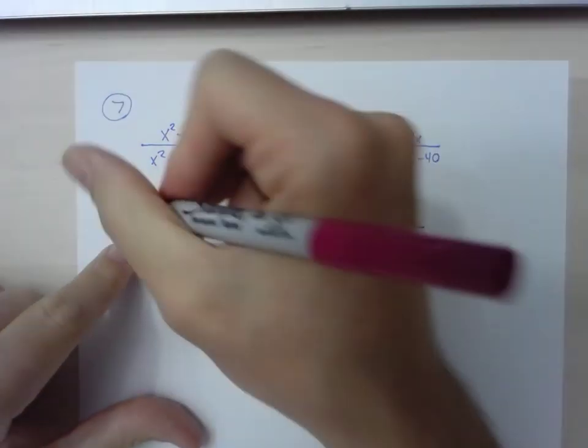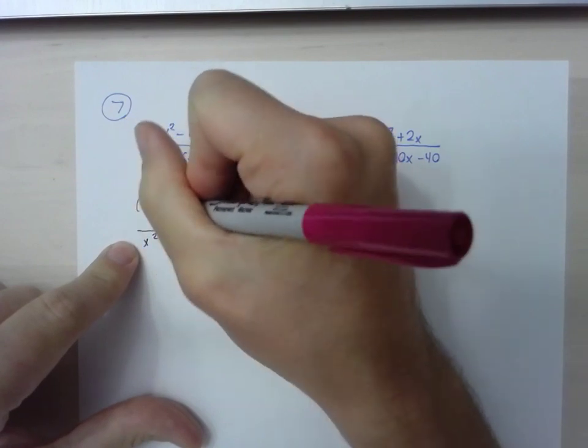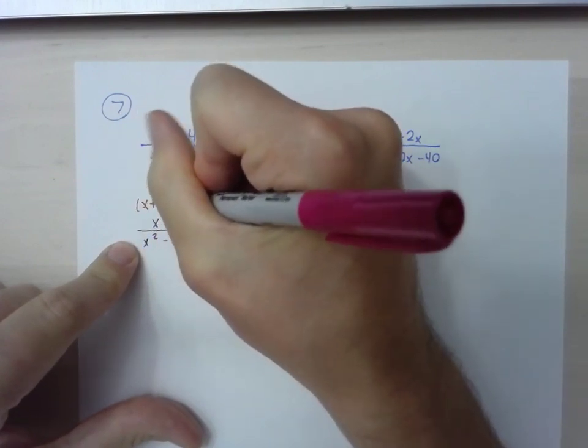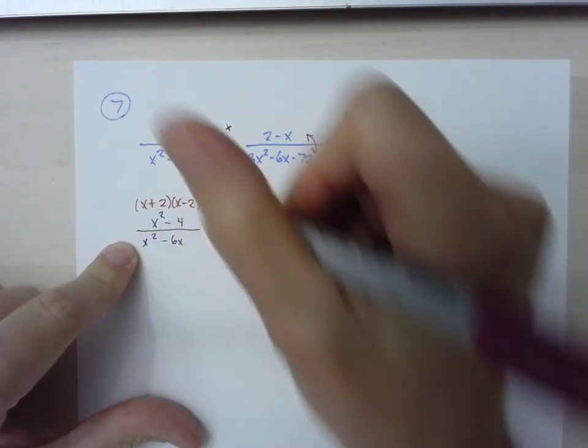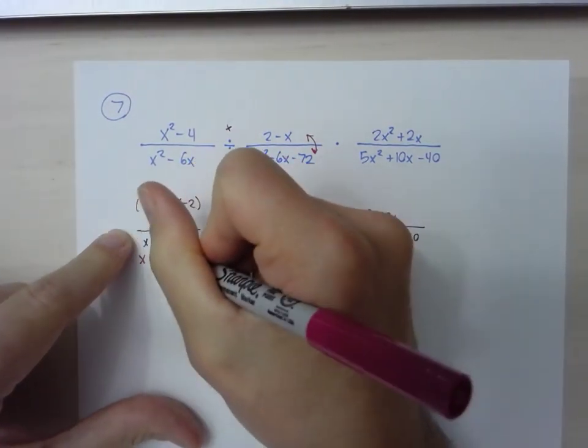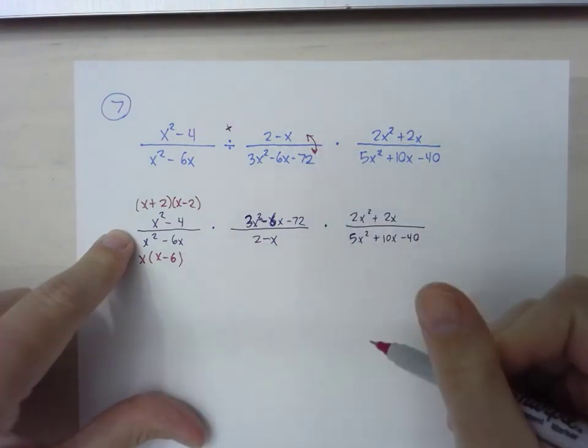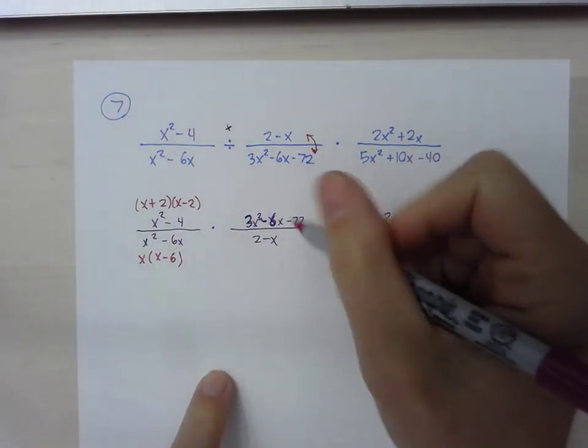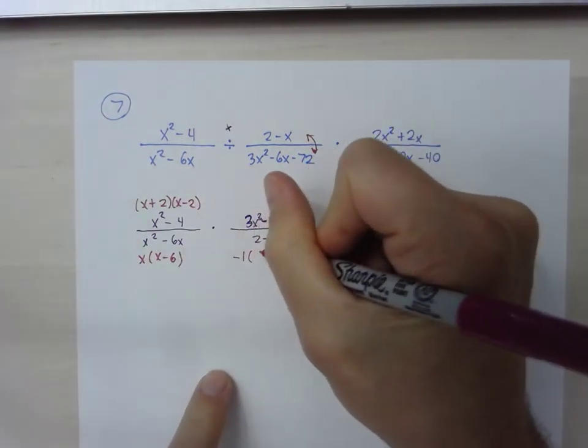So let's see, we got x squared minus 4, that's (x plus 2)(x minus 2). This is going to be a GCF, so x(x minus 6). This is a negative 1 factor, so negative 1(x minus 2).